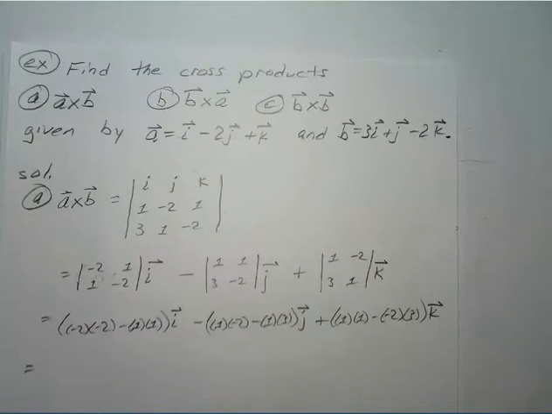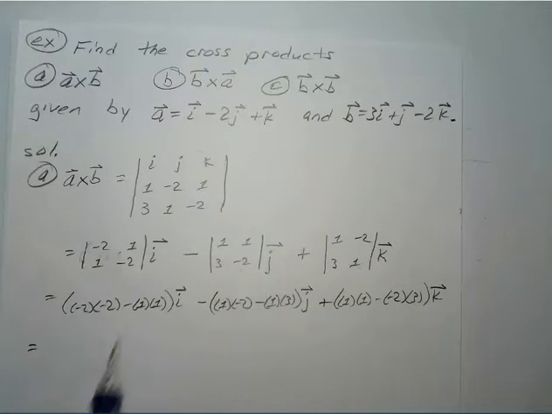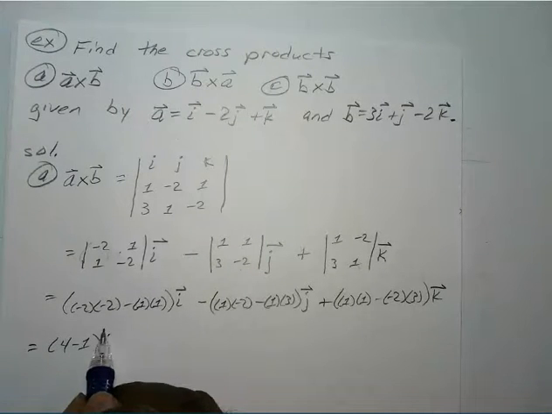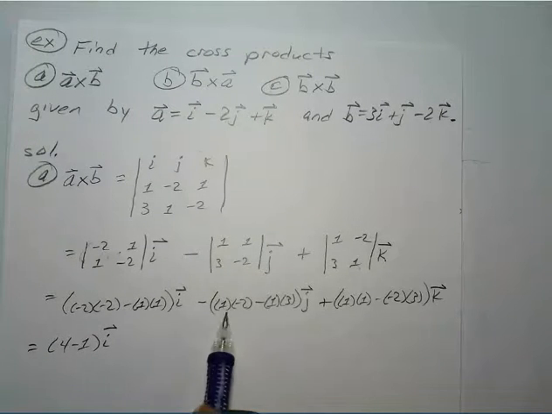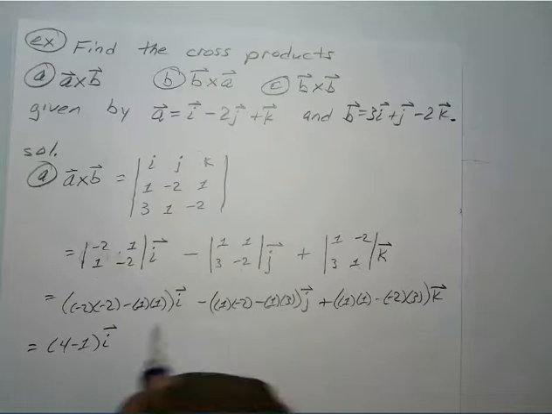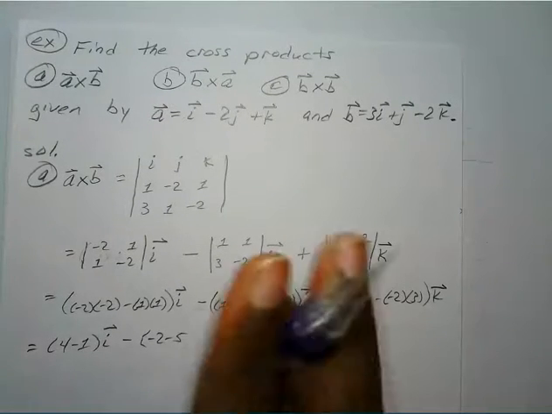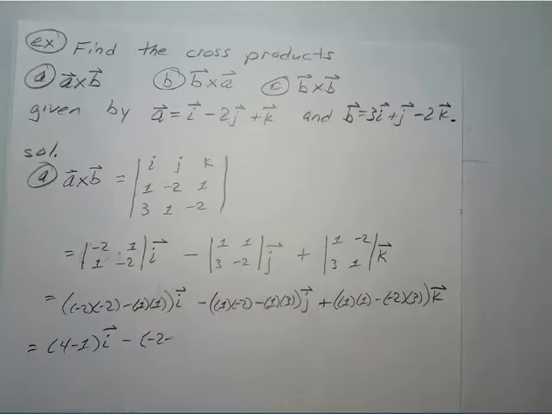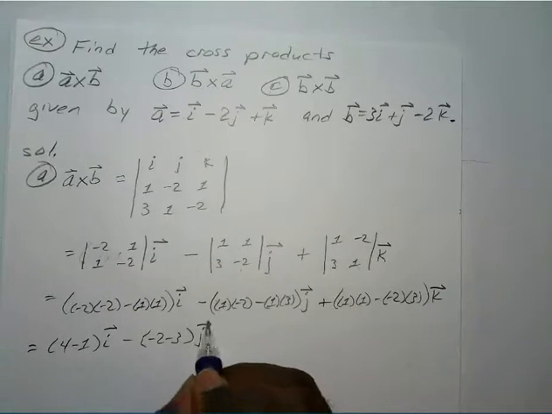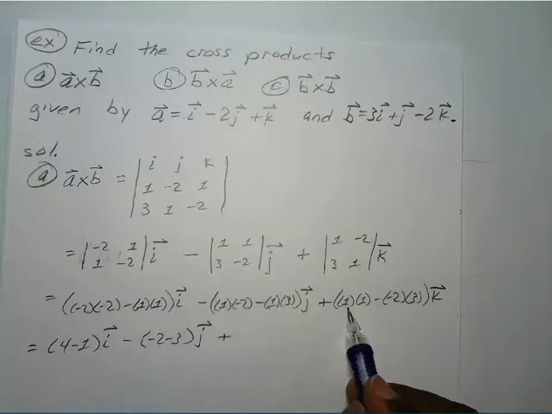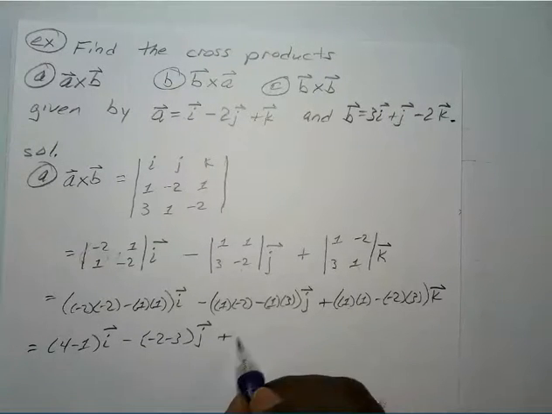Okay, so that's going to equal 4 minus 1 times your i vector, negative 2 minus 3, or minus negative 2 minus 3, I'm jumping ahead a little, times your j vector, plus 1 minus negative 6.